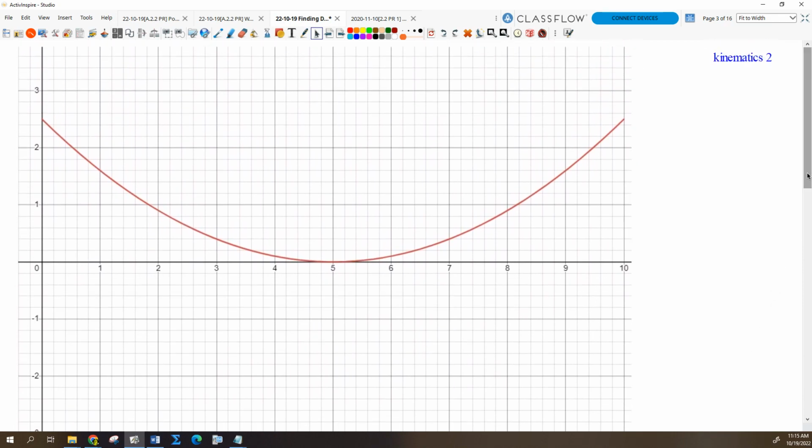Okay, so if I wanted to be able to just estimate the value of the velocity function, right, at t equals 2, what could I do? Becca, what were you saying? At t equals 2.